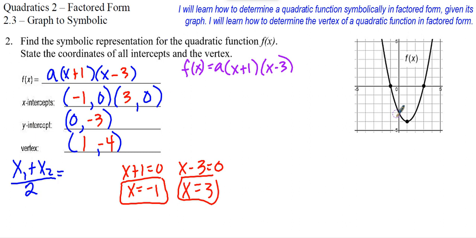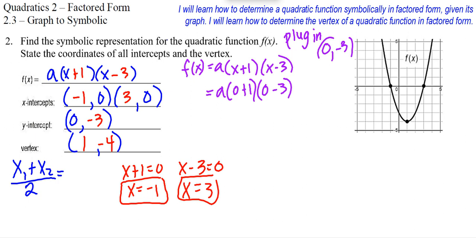I always use the y-intercept if it's given. So I'm going to do my y-intercept. So plug in 0 comma negative 3. So 0 is the x value. And for the f of x value, I'll plug in negative 3.